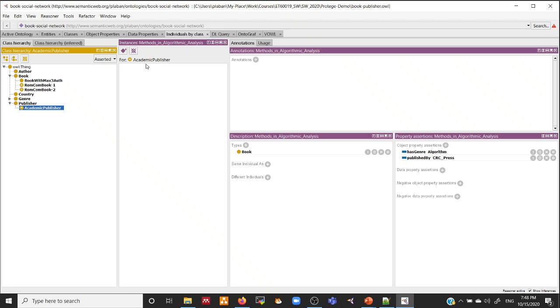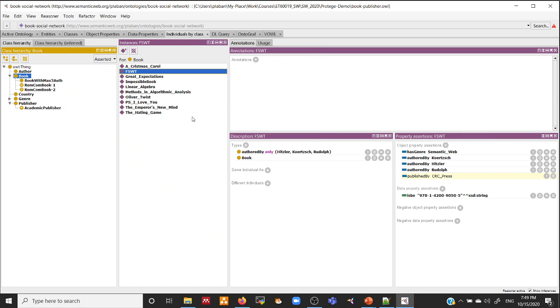So where we should put the closure axiom? There are two for all constructs here, right? So at every place we need to impose the closure restriction or closure axiom. So the first thing we need to put a closure on is has genre of the FSWT book and the methods in algorithm book, right? So let us do that.